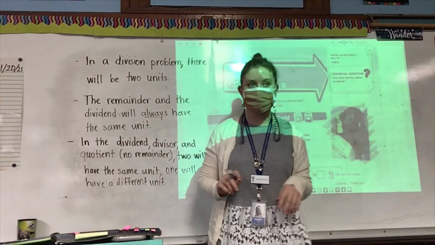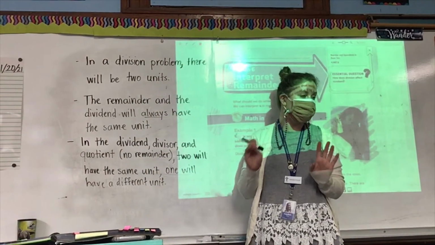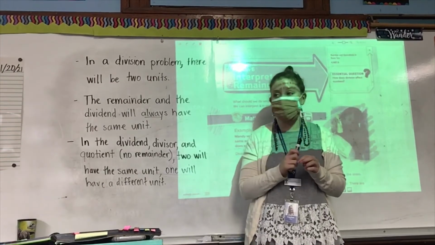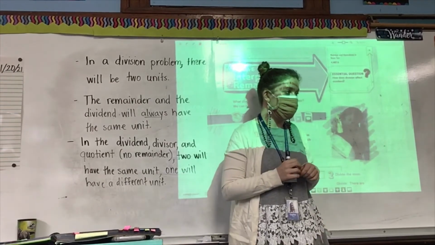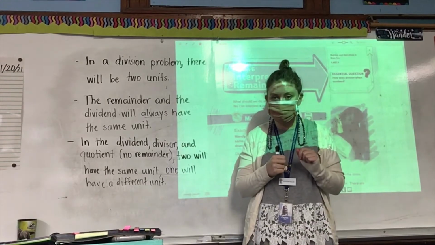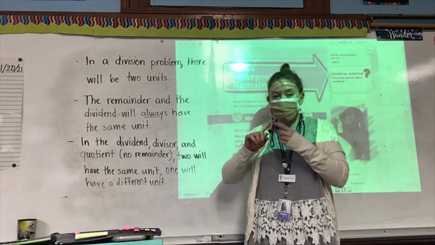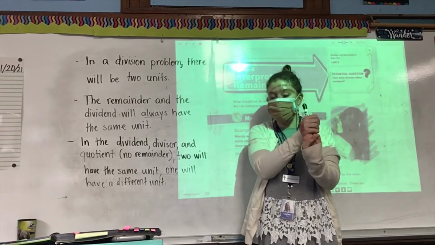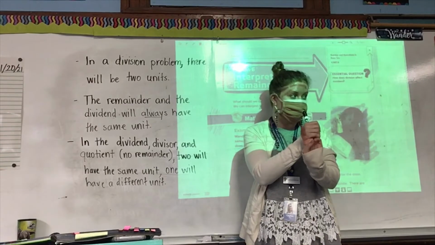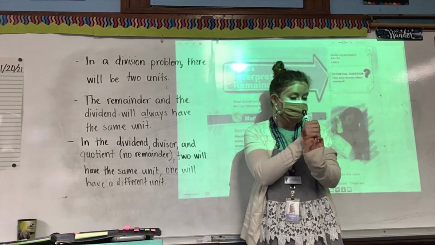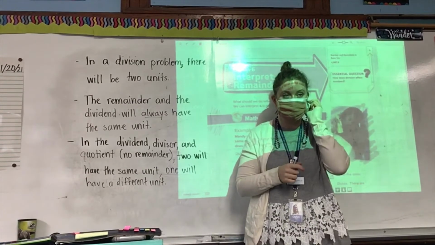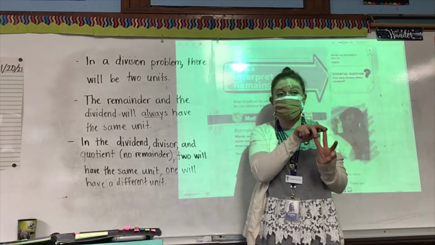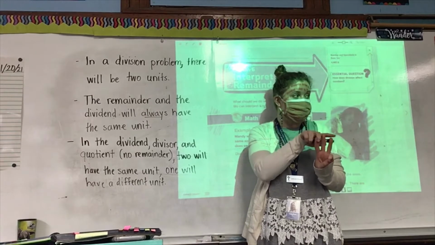And we know no matter what, the remainder is the same unit as the dividend. So we don't have to worry about that. As long as we know what the dividend is, we know what the remainder unit is. We just know. That's just how it works. But in the dividend, divisor, and quotient, 2 of them, we don't know which one, will be the same. 1 will be different. Out of those 3 parts, 2 will be the same. Could be the dividend and the divisor. Could be the divisor and the quotient.